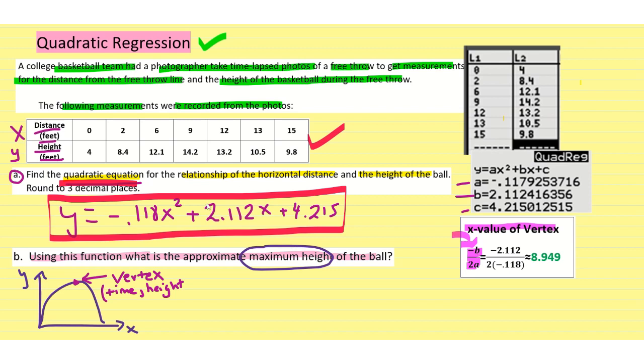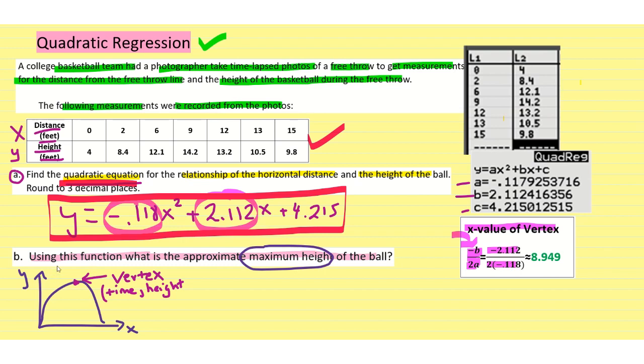Negative b means negative this number, and you can see I've listed it right there. And then 2 times a, and I've already plugged those in here. If you use your calculator, you can check me on this, it is approximately 8.949. That is the x value.